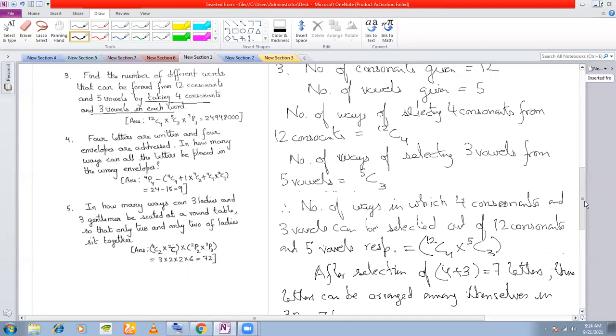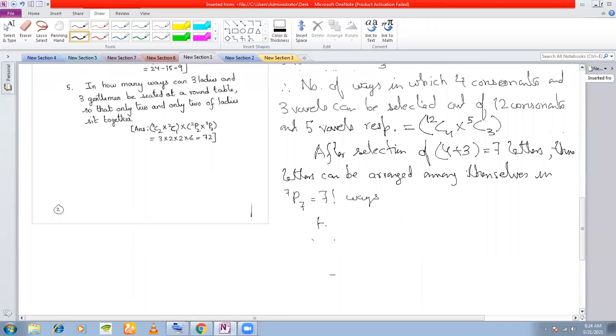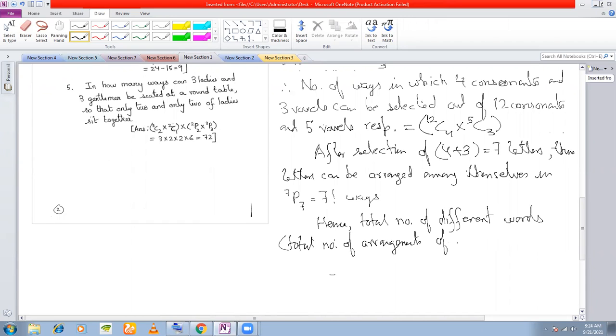Hence, what is the total number of different words that can be formed? Hence, total number of different words or total number of arrangements of these letters is equal to first number of ways of selection 12C4 into 5C3, and they can be arranged among themselves in factorial 7 ways as shown above.